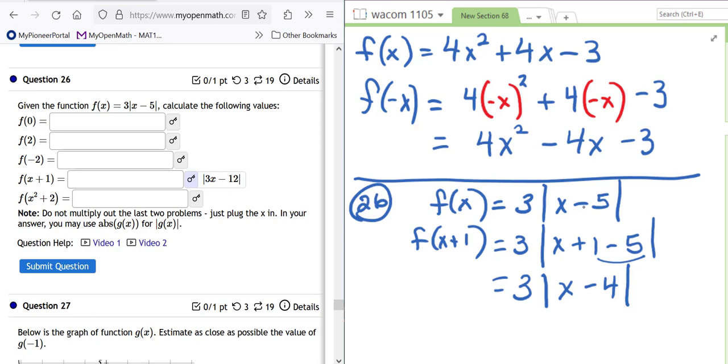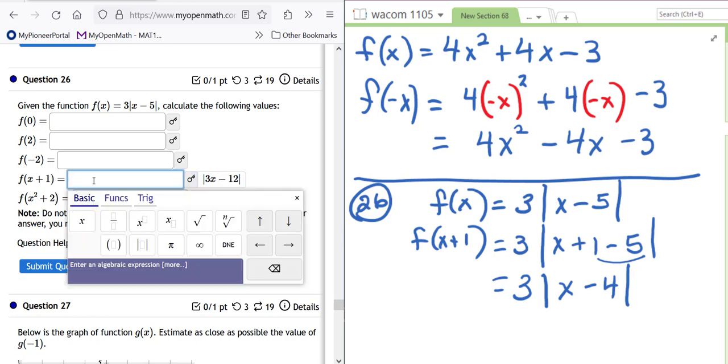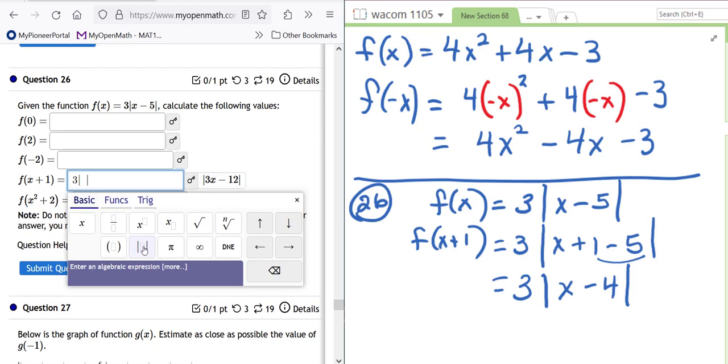So this is 26 and f of x plus 1. Their answer is minus 12. All right, I'm going to try to enter what I think is the correct answer. So 3, I need the absolute value symbols, which is here on your template. It should be x minus 4 inside.